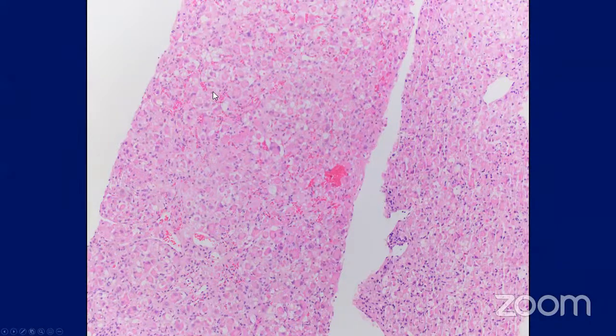You'll see that they have a lot of eosinophilic cytoplasm, no portal tracts. So this is one of the mimics, and it does have the appearance of a well-differentiated hepatocellular lesion on histology.